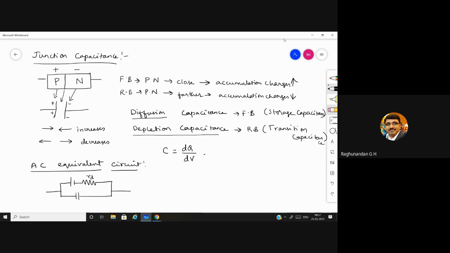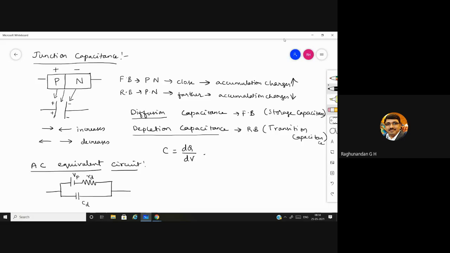What is RD? Why have I represented it as RD? Dynamic resistance. Why do we consider dynamic resistance here? Because it is offering a resistance to an AC current. Yes, very good. Since the supply is AC, we consider dynamic resistance, because the resistance offered to the flow of AC is dynamic resistance.